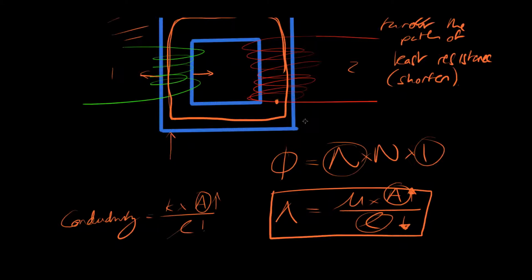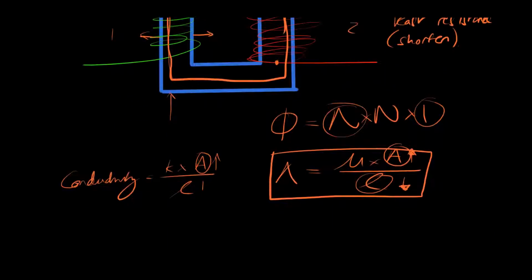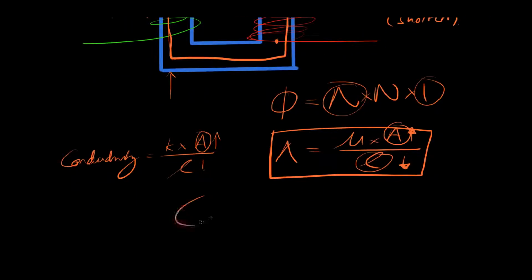Could you increase the area of the coil or the core and decrease the length of the core? All these different factors you can quote in order to improve a magnetic circuit. But of course, a compromise has to be reached with transformers and the likes.